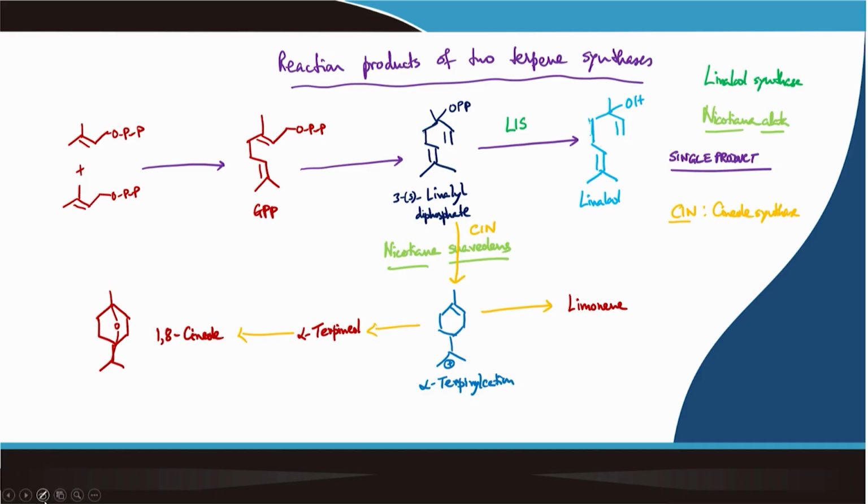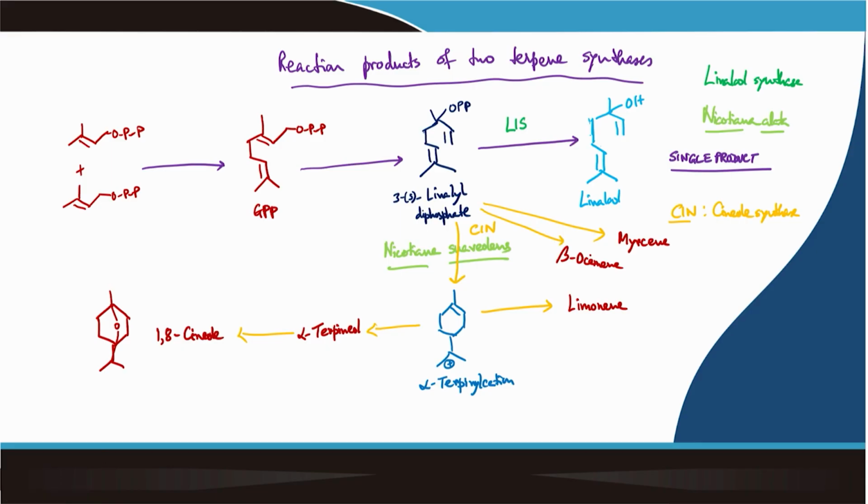Now, apart from these, there are other products which are also formed. For example, this also contributes towards the formation of myrcene as well as beta ocimene.